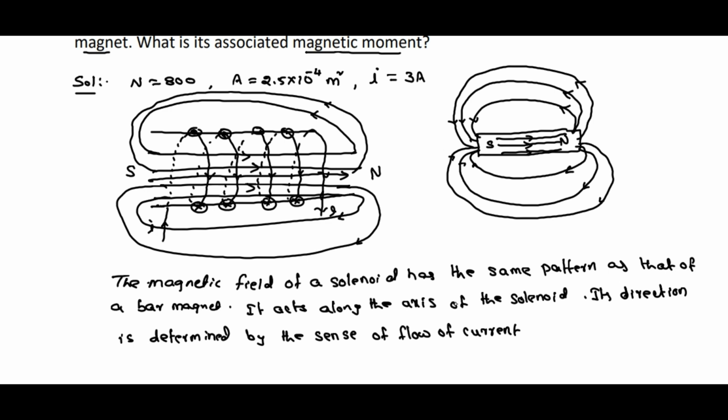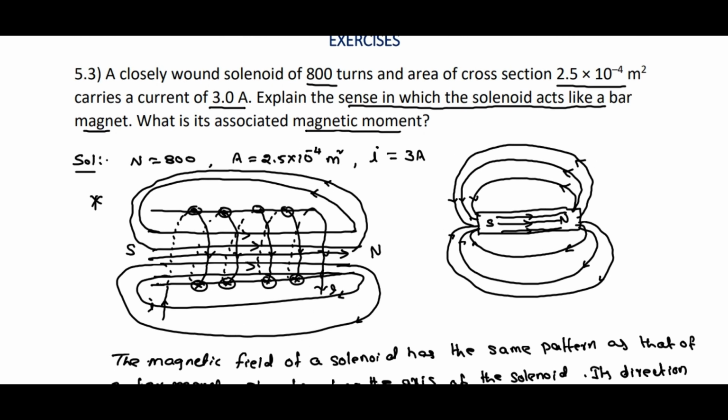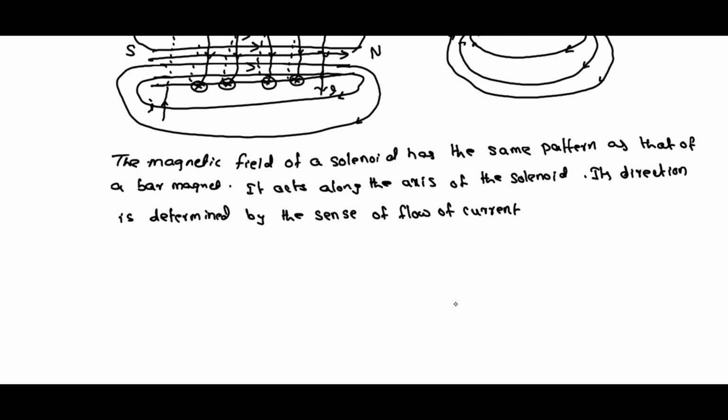This is one subpart. While coming to one more subpart, what is its associated magnetic moment? Now, the magnetic moment M is equal to NIA.